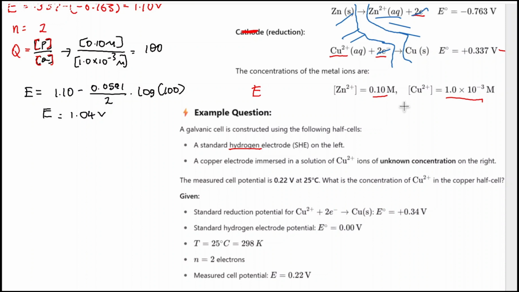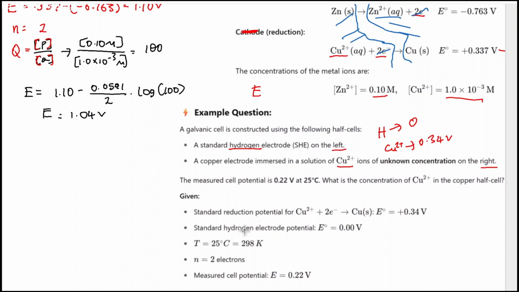So one of the cells is hydrogen, and then the other one's copper. The reduction potential of hydrogen, since that's the standard element, is 0, and copper's is 0.34. So since copper has a higher reduction potential, it's going to be on the right, the cathode, while the hydrogen's on the left.